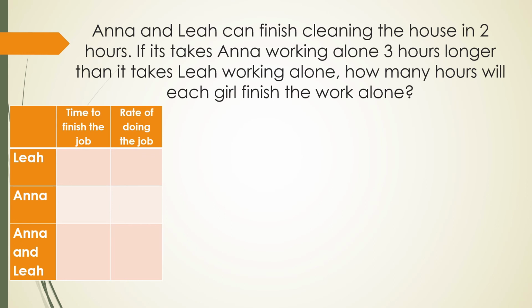So if we let X as the time to finish the job ni Leia, X plus 3 kay Anna, and if they work together, they can finish cleaning the house in 2 hours. So we have the rate of doing the job ni Leia will be 1 over X, Anna will be 1 over X plus 3, and if they work together, that will be 1/2.